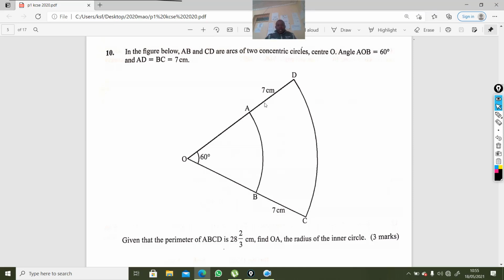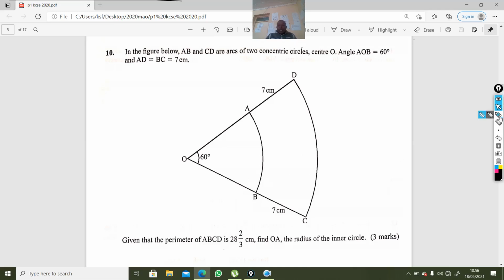We are told that AD equals BC equals 7 centimeters, and that the perimeter of ABCD is 28 and 2/3. We find OA, that is the radius of the inner circle.